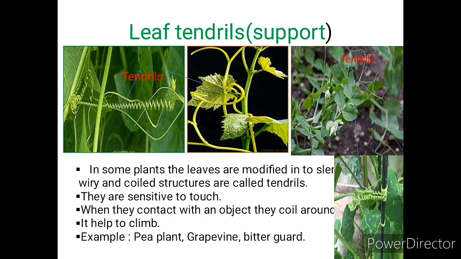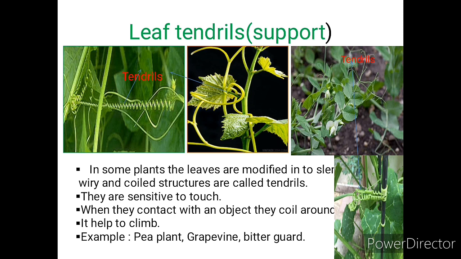Plants of this type mostly have weak stems. Since the stem is weak, it cannot support its own structure. So they require the help of these tendrils, which help them in climbing.